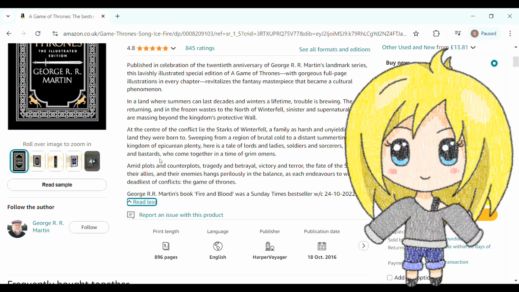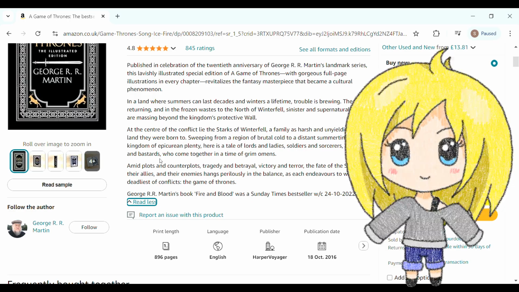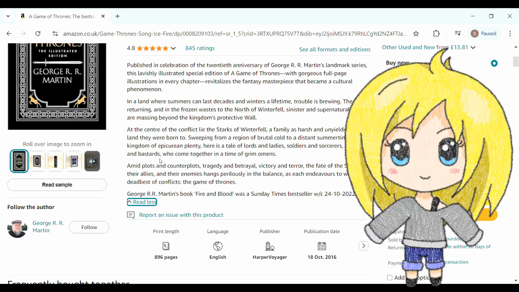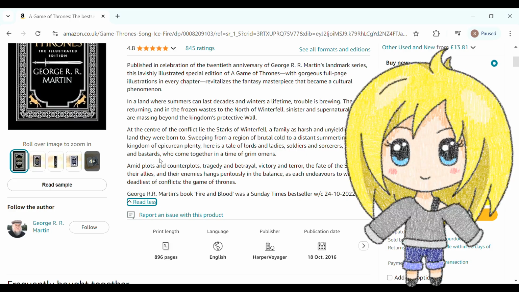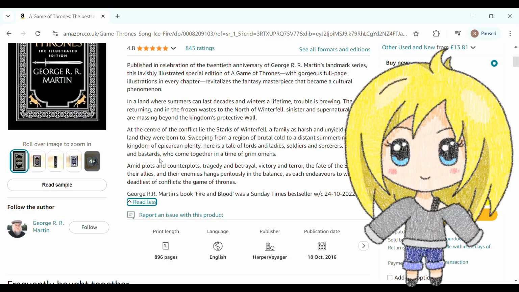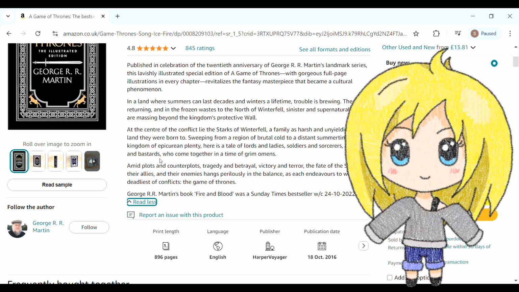At the centre of the conflict lie the Starks of Winterfell, a family as harsh and unyielding as the land they were born to. Sweeping from a land of brutal cold to a distant summertime kingdom of Epicurean plenty, here is a tale of lords and ladies, soldiers and sorcerers, assassins and bastards, who come together in a time of grim omens.